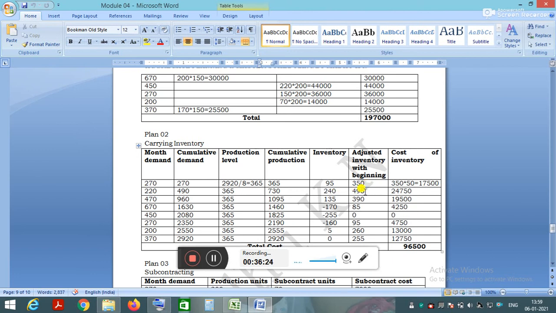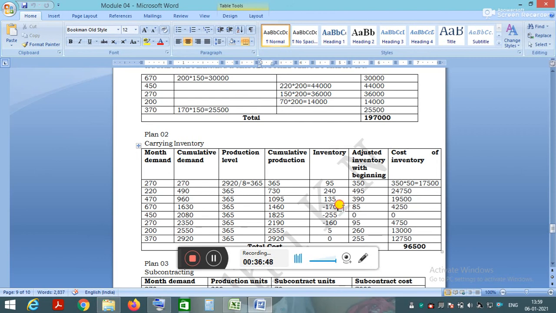255 plus 95 is 350. 255 plus 240 is 495 products available as inventory. 255 plus 135 is 390. You can see here we had a deficit of 170 products that were not available.